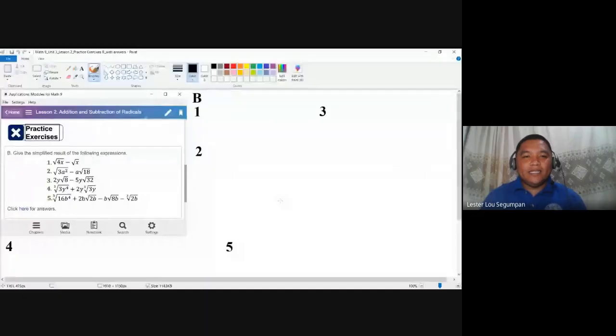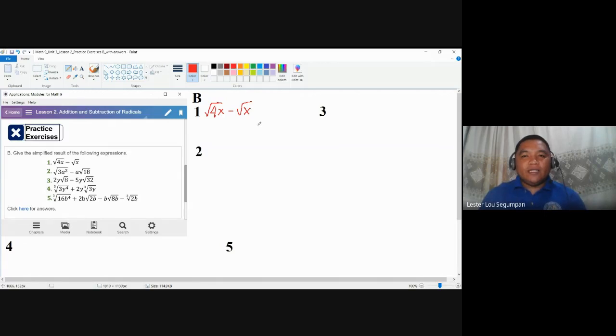I'm going to share with you a practice exercise B for addition and subtraction of radicals, now involving variables. So for number one, we have the given square root of 4x minus square root of x.